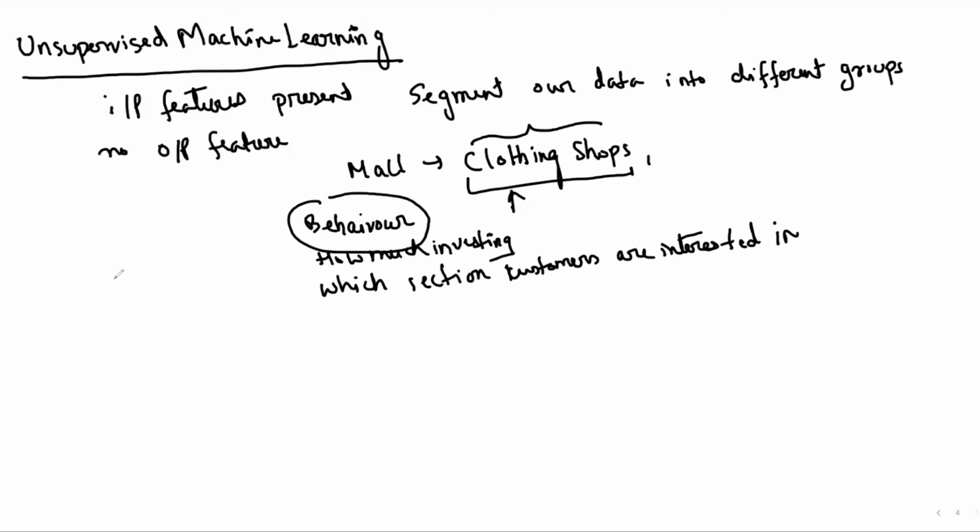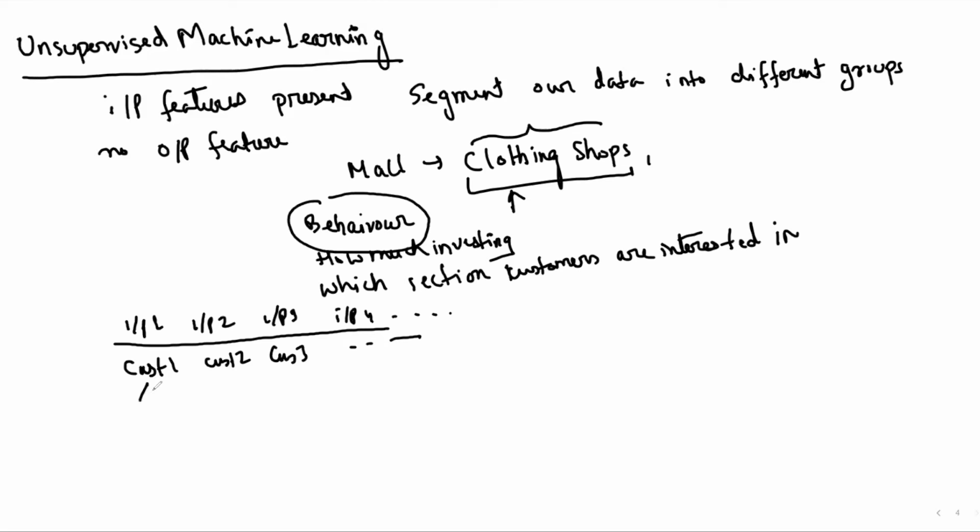So in this case, you will only have the inputs. You will not have the output feature. Input 1, input 2, input 3, input 4, and so on. What are the inputs basically? These are the customers. Customer 1, maybe customer 2, maybe customer 3, etc. And what they are buying. So ultimately, what will happen if you try to plot them in a graph?